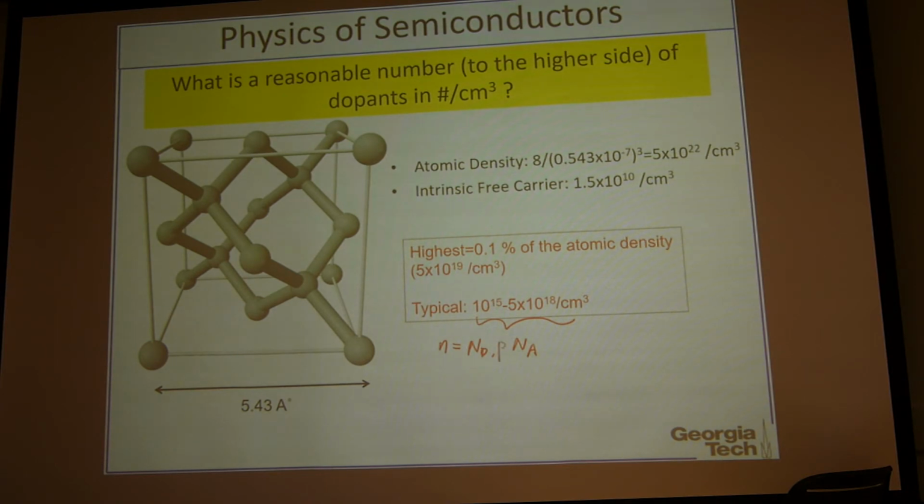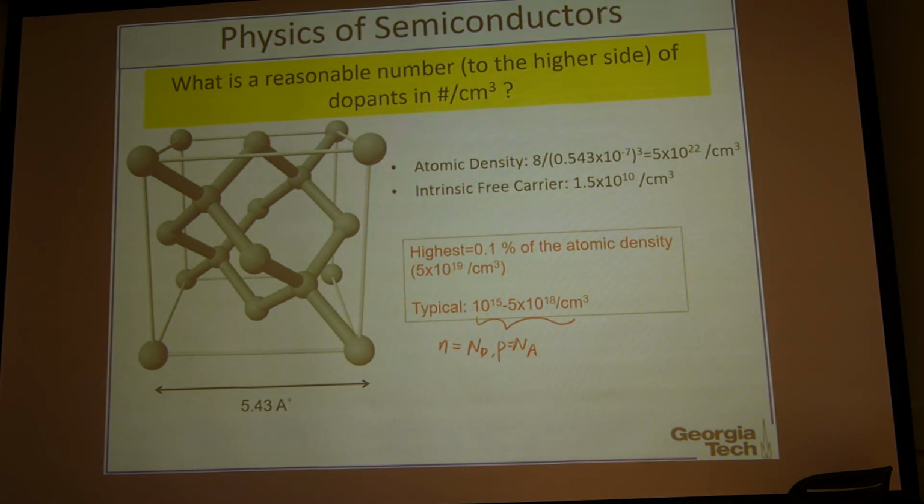Let's say P equals NA, because the number you see there, 10 to the power 15, is much larger than the intrinsic free carrier density, orders of magnitude higher. If you dope 10 to the power 15 donors, then your electron density will be 10 to the power 15. You can ignore the intrinsic part, because that is way lower than the doping density.